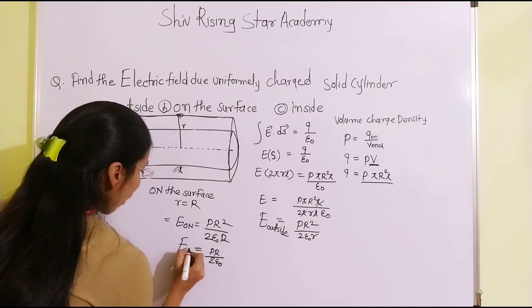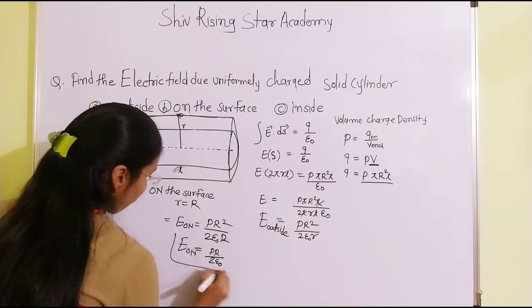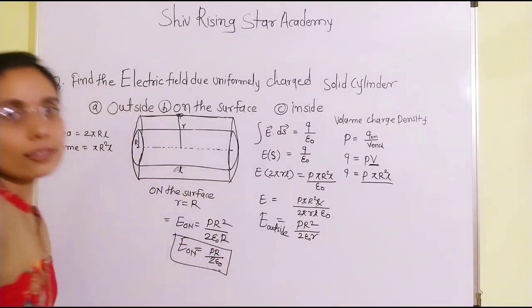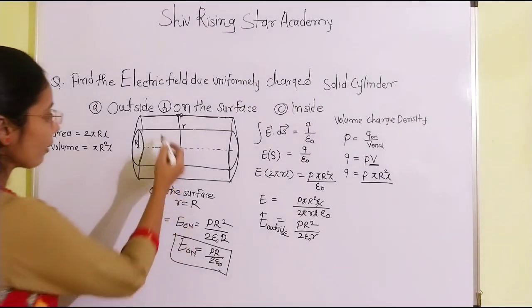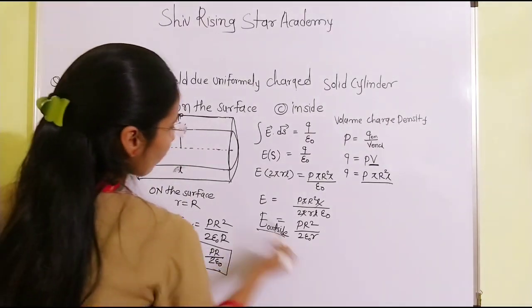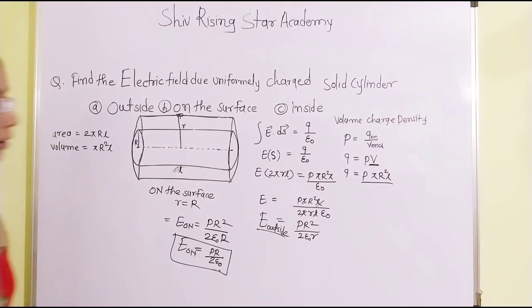So this is the electric field on the surface, and the earlier one is the electric field outside the cylinder.